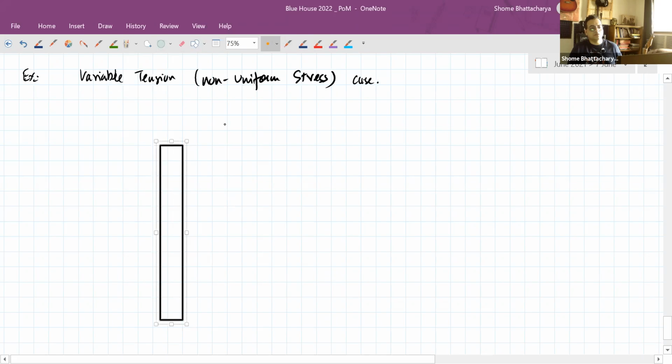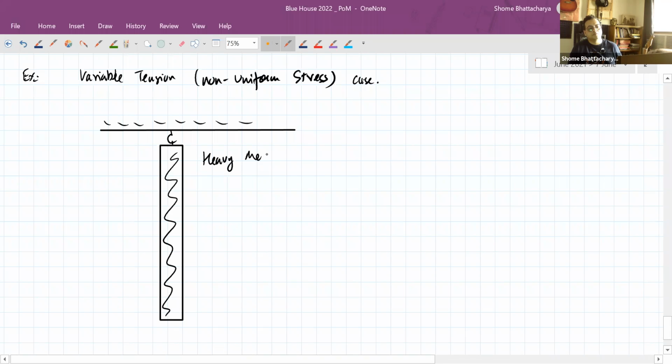So let's say this is like a heavy metallic cylinder which is suspended from some ceiling. Its mass is m. The uniform cross section is A. Okay.